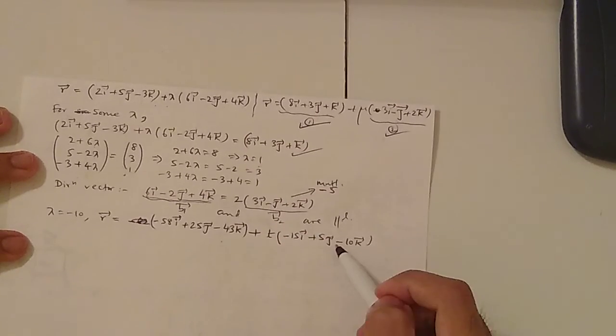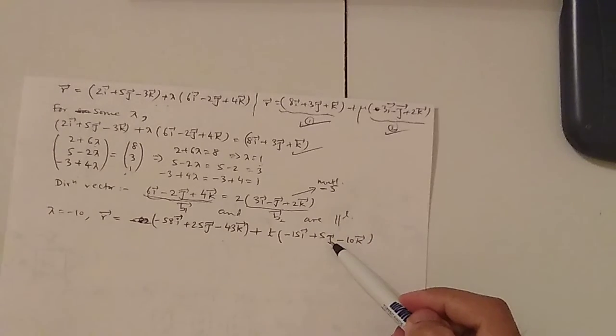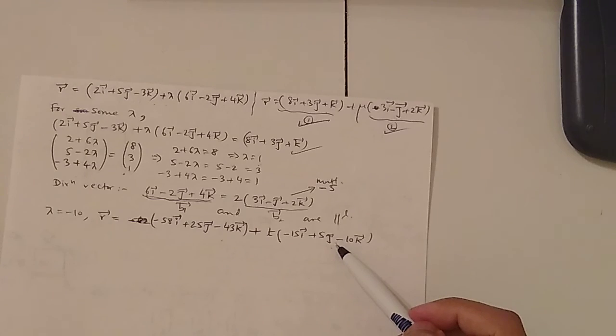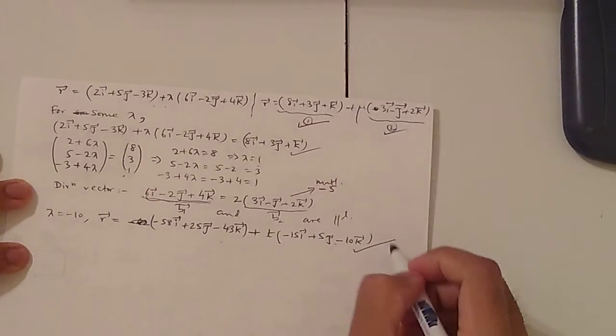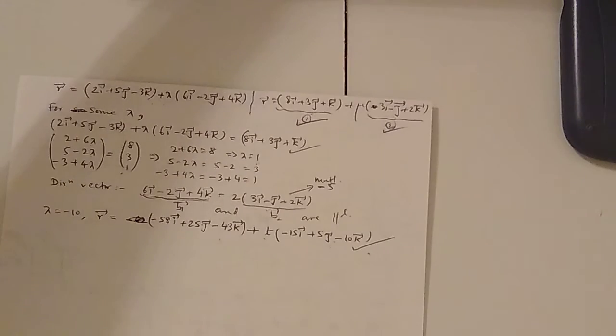Notice that since this vector and this vector are scalar multiples of each other, I multiplied by minus 5 to get this vector. This is also acceptable as a direction vector. As long as it points in the same direction, it does not make a difference. Therefore this equation is also representing the same line. All the three equations are referring to the same line.